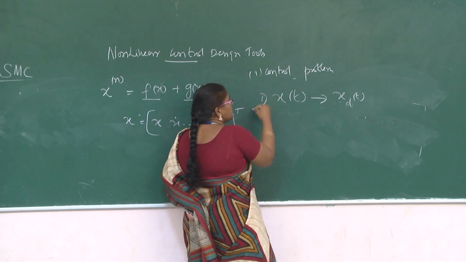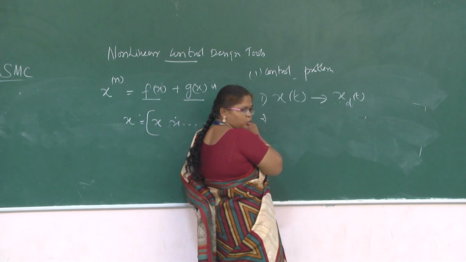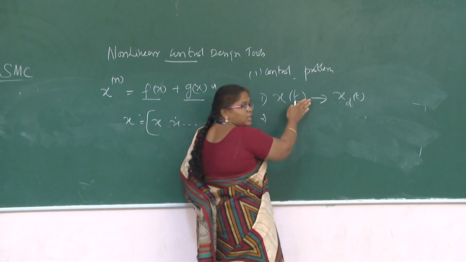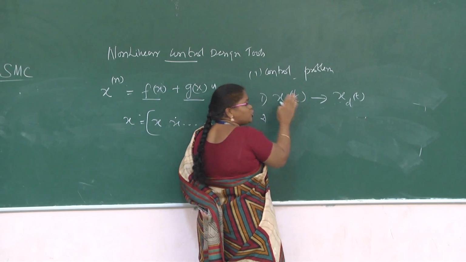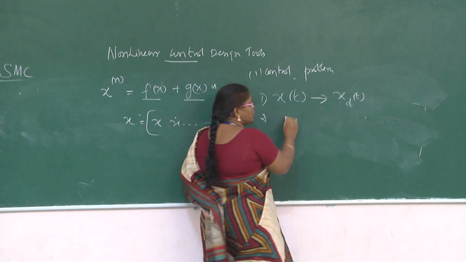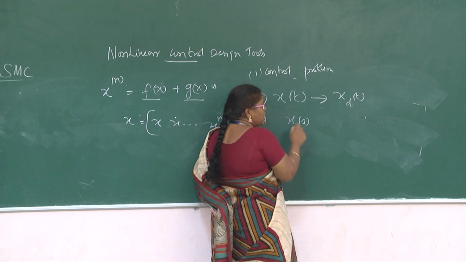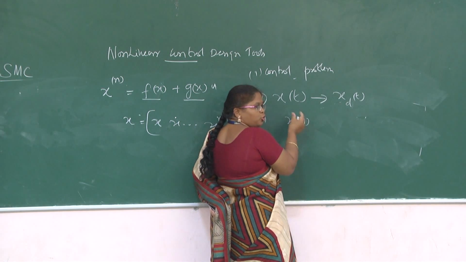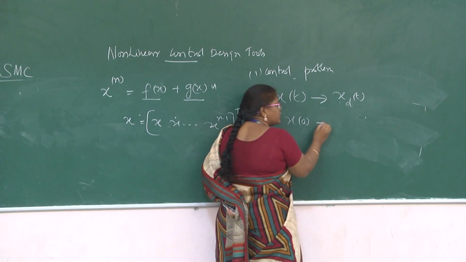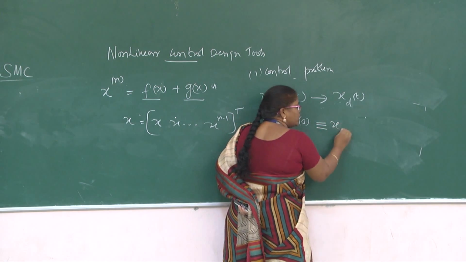Next, in order to achieve this control problem, or for this tracking to be achievable, we need to assume that at the initial condition, that is at time t equal to 0, your output of interest should be equal to your desired state.